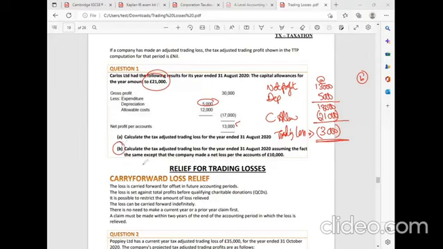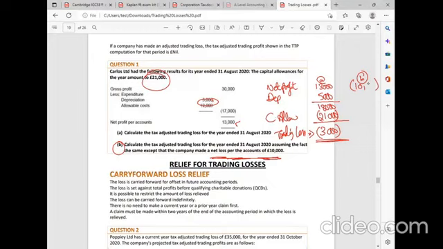Now if you see the B part, the difference is they are saying to assume that they don't have 13,000 profit, they incurred a loss of 10,000 at the beginning. Assume the company has a loss of 10,000. We have depreciation which is not allowed, so we add it back, and the answer will come to minus 5,000.